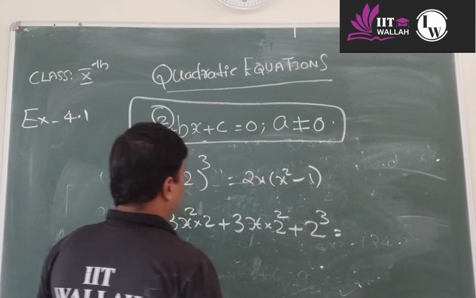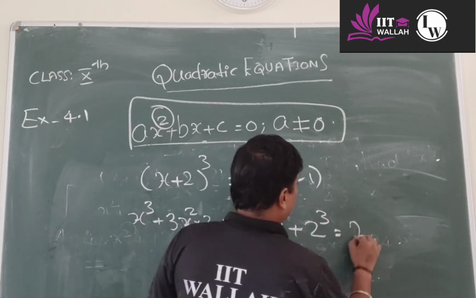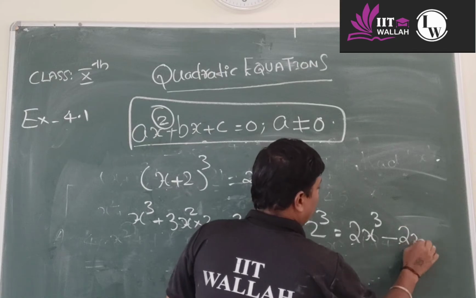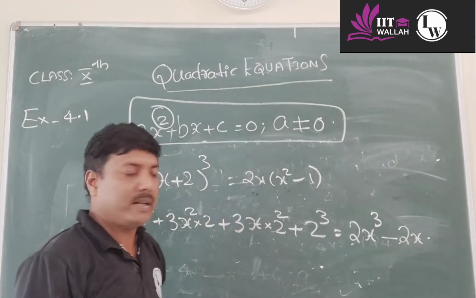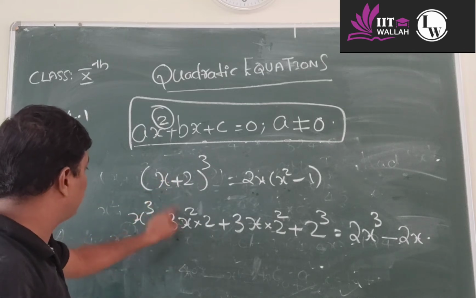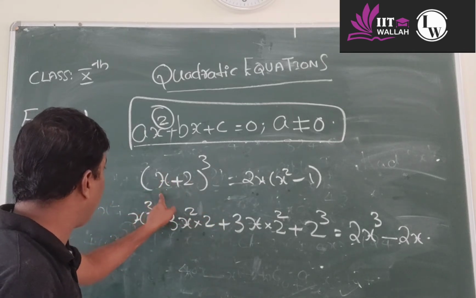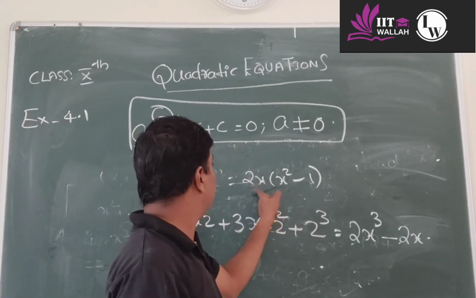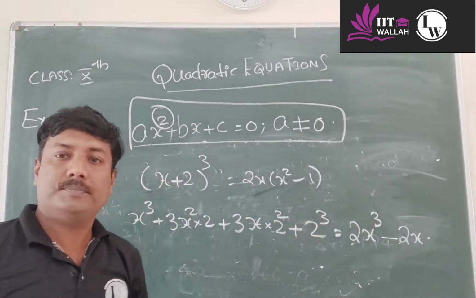Is equal to, now 2x into x square, 2x cube minus 2x. Got it? So a cube plus 3a square b plus 3ab square plus b cube. Here 2x into x. Understood?